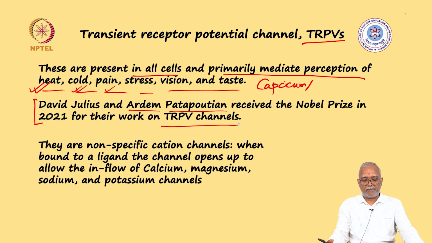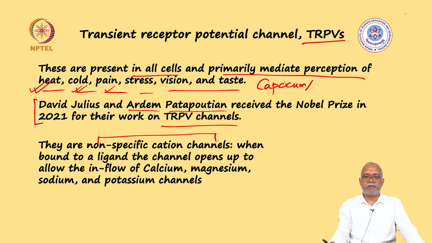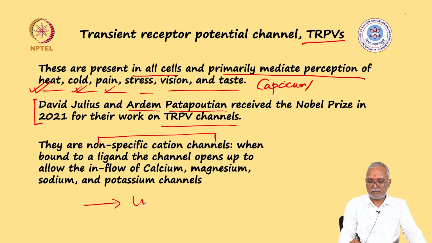So what are these TRPV channels? They are non-specific cation channels. What it means is that they do not differentiate between the ions, whether it is potassium, sodium, or calcium. And these are basically ligand gated channels.